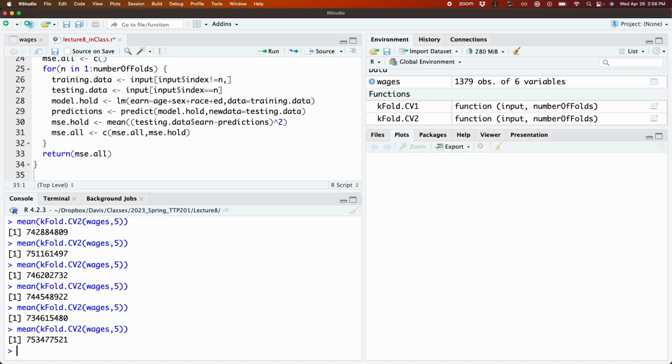Usually there will be options to say run a CV and then how many folds. It's built into tons and tons of functions that we'll see, and we'll see examples of that. But this is just a way of getting everyone to understand what's going on behind the scenes when you do a built-in CV function.